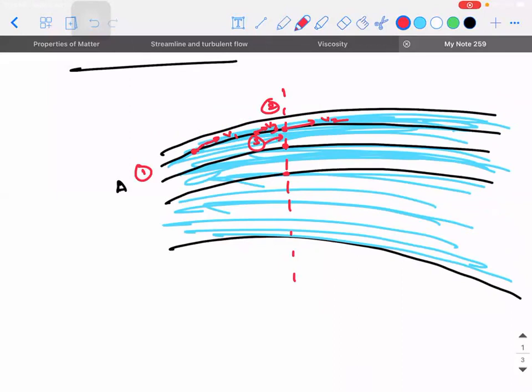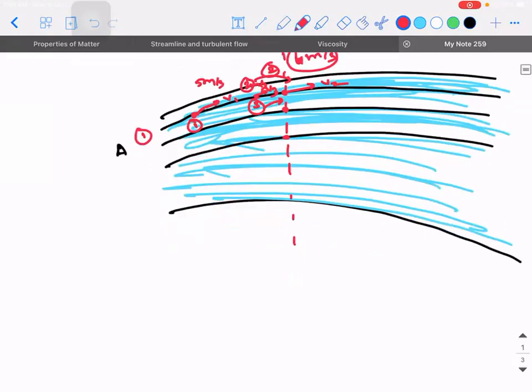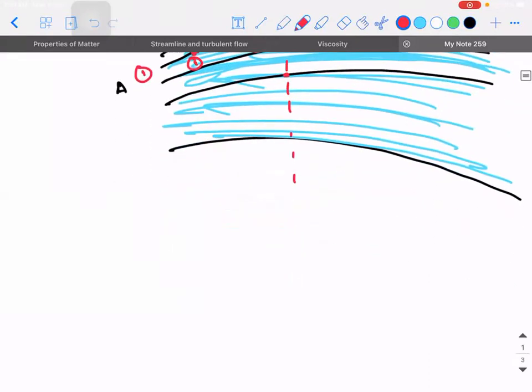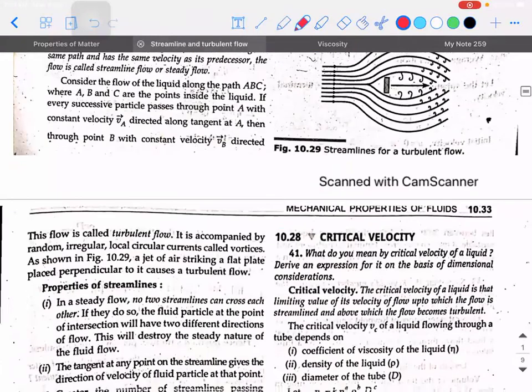For example, if there are two particles I have taken, particle number 1 and 3, for reference. If particle 1 has 5 meters per second here and particle 2 has reached point 2 with, let's say, 6 meters per second, then particle number 3 also should reach point 2 with the same speed, 6 meters per second. If this kind of flow is able to take place, then that is what we call a streamline flow.